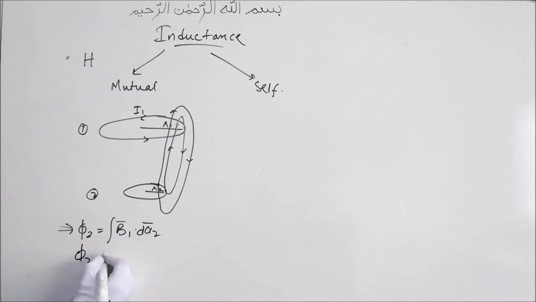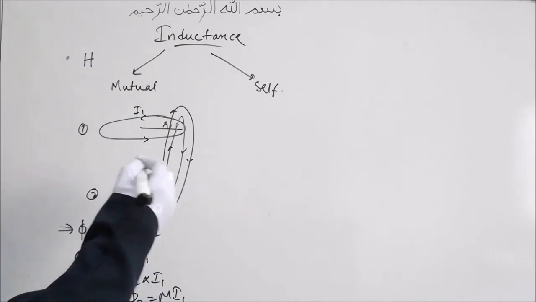The flux is proportional to B1, and B1 depends on the current I1. Therefore, phi 2 is proportional to I1, so phi 2 is equal to M times I1. This M is called the mutual inductance.